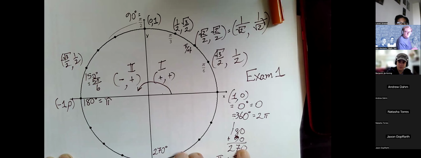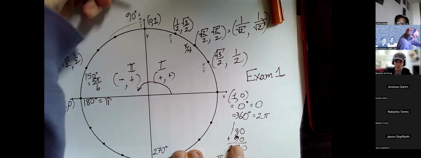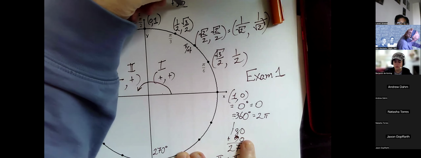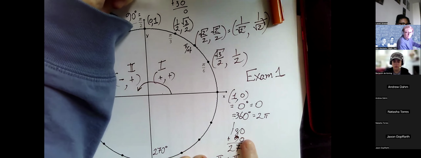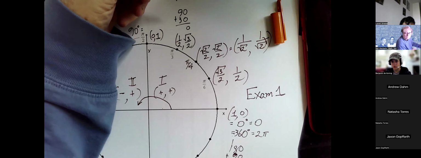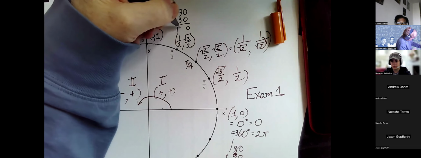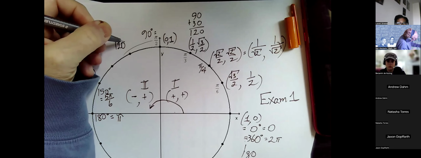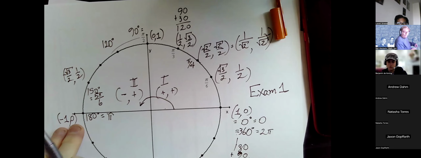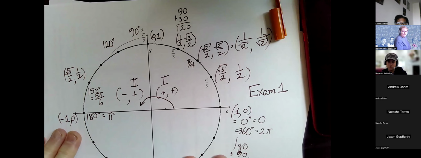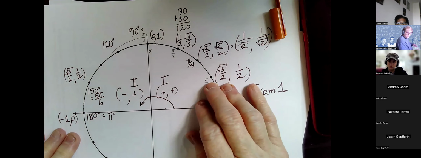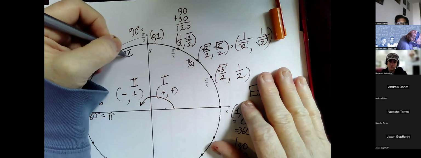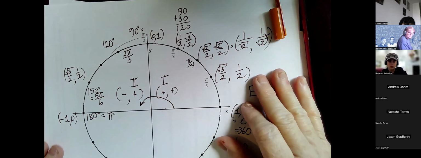Add 30. Good. And let's see, 90 plus 30, 9 and 3 are? 12. Good. So this is 120 degrees. And I'll give you a break right now. Pi over 6 plus pi over 2 is 2 pi over 3 when you reduce it.